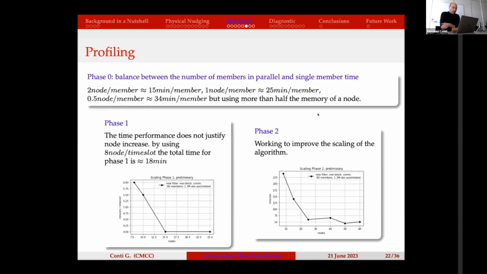Phase 1 takes 18 minutes for all the 13 time slots, but this can improve to 10 or 12 minutes, because it doesn't matter if 1 time slot, maybe with fewer nodes, takes more time, as we are able to do more time slots simultaneously in batch, and so in 12 minutes we can finish phase 1. And then phase 2, the heaviest one, takes less than 1 hour with 25 nodes, managing a database with 10 million observations and 80 members.